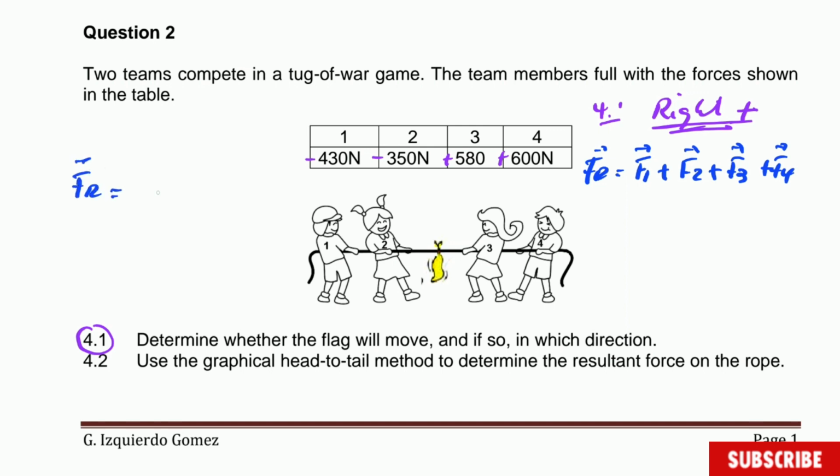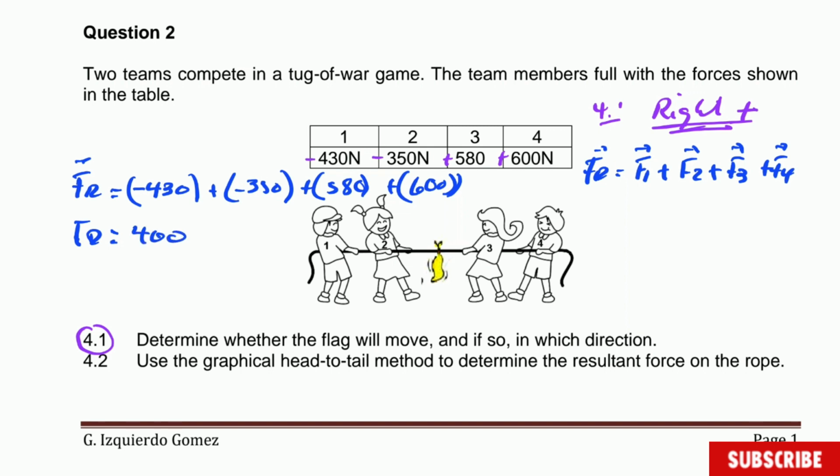F resultant is equal to minus 430 plus minus 350 plus 580 plus 600. Guys, easy. So we get that the final answer is 400 Newton.